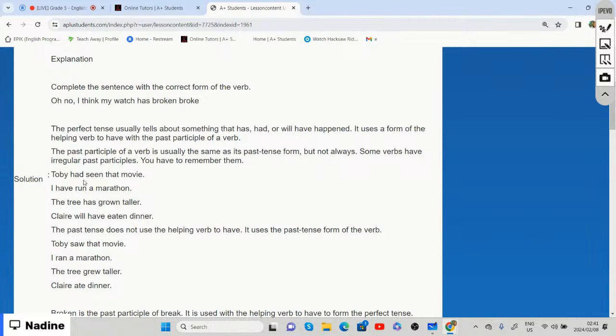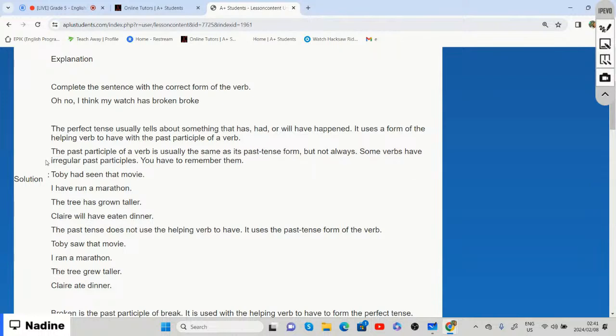And we said that the perfect tense usually tells about something that has had or will have happened, and it uses the form of the helping verb to have with the past participle of a verb.